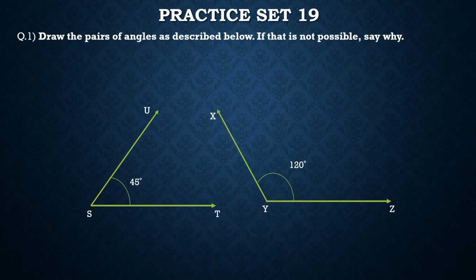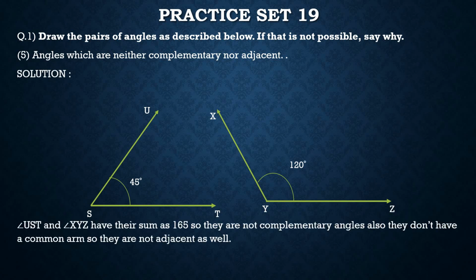Fifth one, angles which are neither complementary nor adjacent. So we can see two angles over here, angle UST and angle XYZ. Measure of angle UST is 45 degrees and measure of angle XYZ is 120 degrees. Their sum is 45 degrees plus 120 degrees, which is 165 degrees.